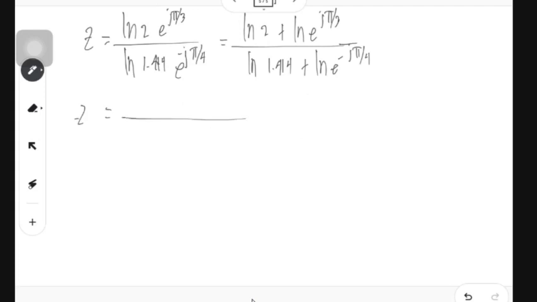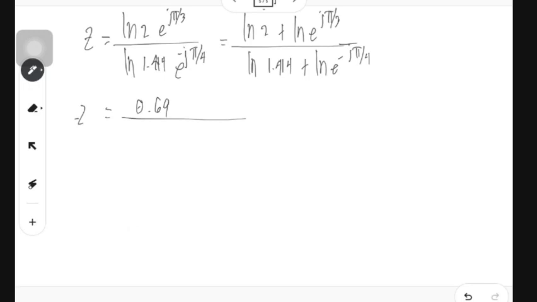Natural logarithm of 2 can be calculated using calculator. Anong ln of 2? Parang 1 point something ito, 609 ba? Ln of 2? Sigurado ka, 0.69? What about the other? Ln of 2? 0.69 din po. Sige.